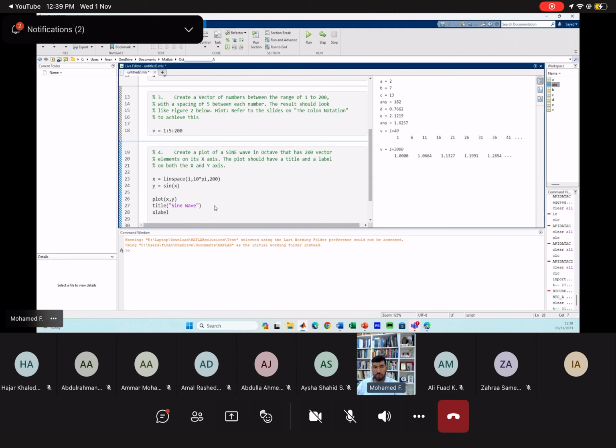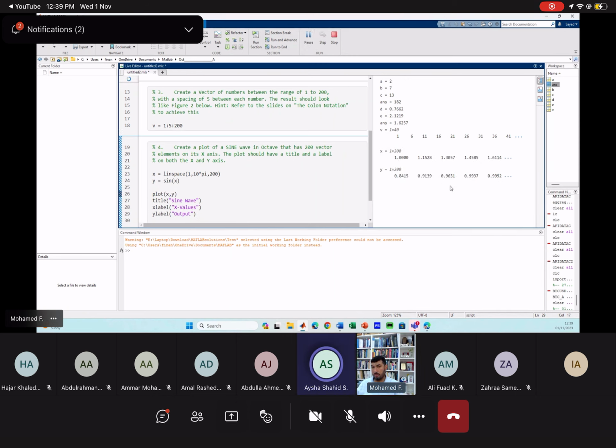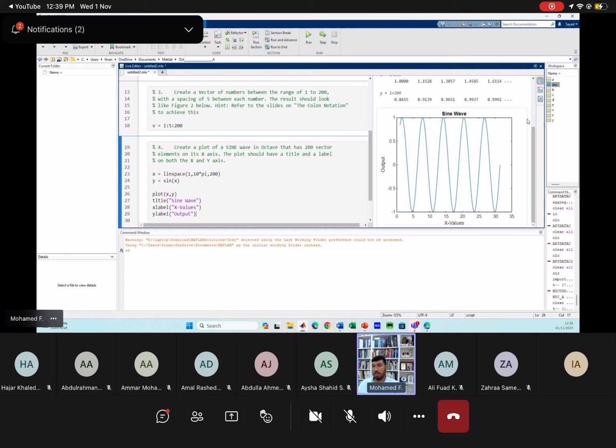xlabel. We'll give it xlabel, let's say x values. And ylabel. We'll call it output, for example. Okay, if I run it, can I write x instead of x values? Yes, it's just the title. So see here, whatever you write in the title is going to come at the top here.